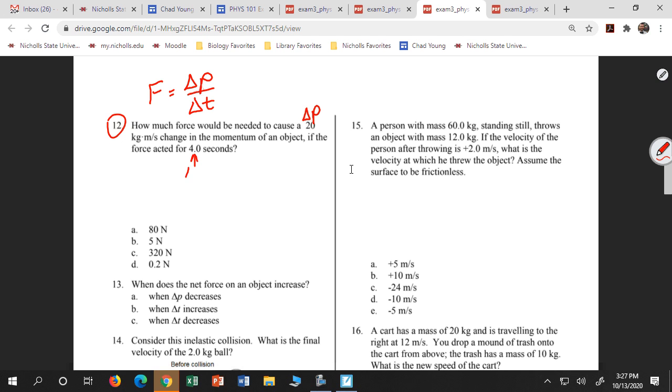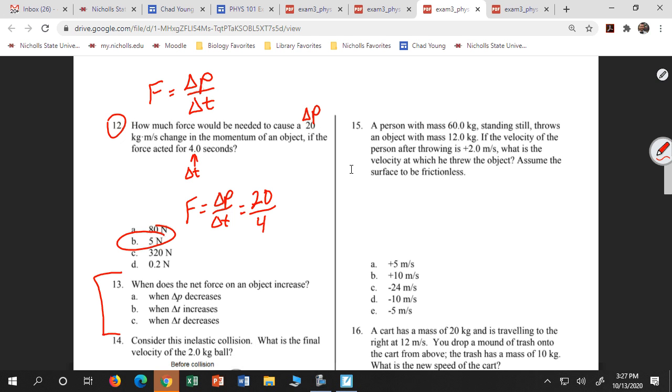And I give you the time right here, delta t. So a lot of these problems are really just being able to pick out what the variables are. That's not always easy, especially if you're not familiar with them, but that's the skill that you need to build. And so our force is equal to delta P over delta t. That's going to be 20 divided by the time, which is 4, or 5 newtons.